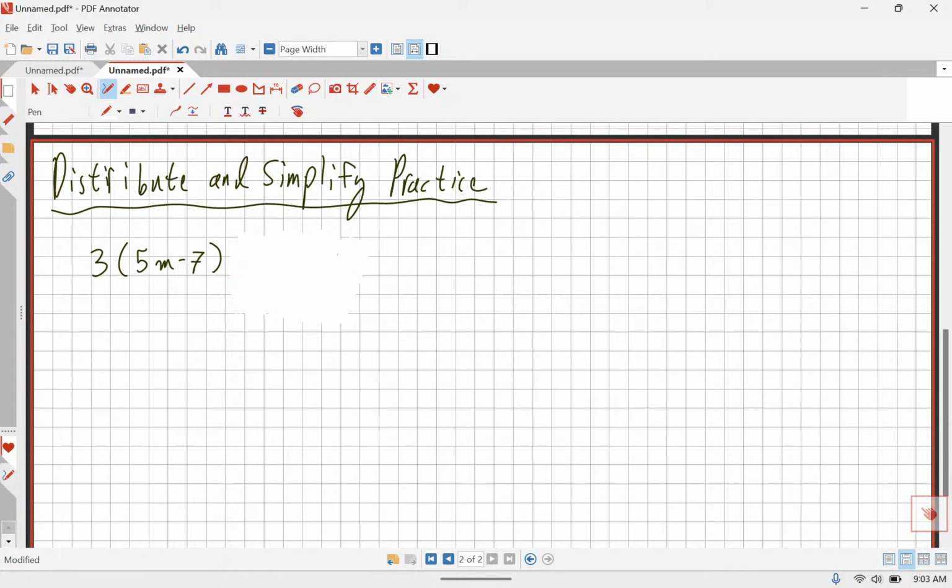If I asked you to distribute and write that in expanded form, Summer, how would you do it? This is the part that's bothering you. That's okay. So, Summer, what we're saying is we're multiplying this whole thing by 3. And by multiplying the whole thing by 3, it turns out that's the same thing as multiplying the individual pieces by 3.